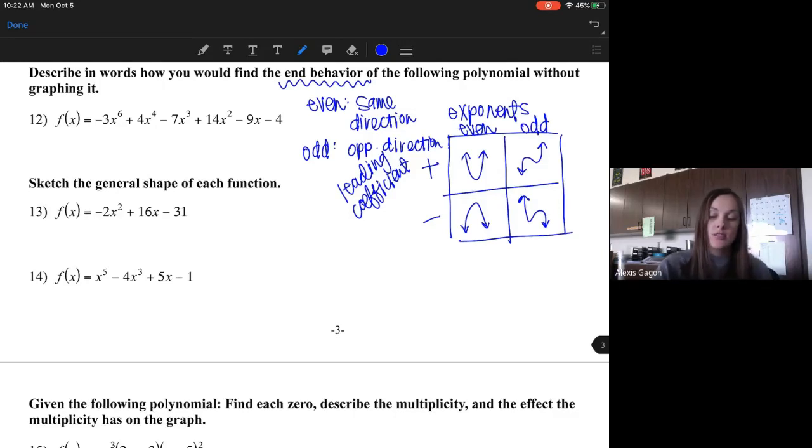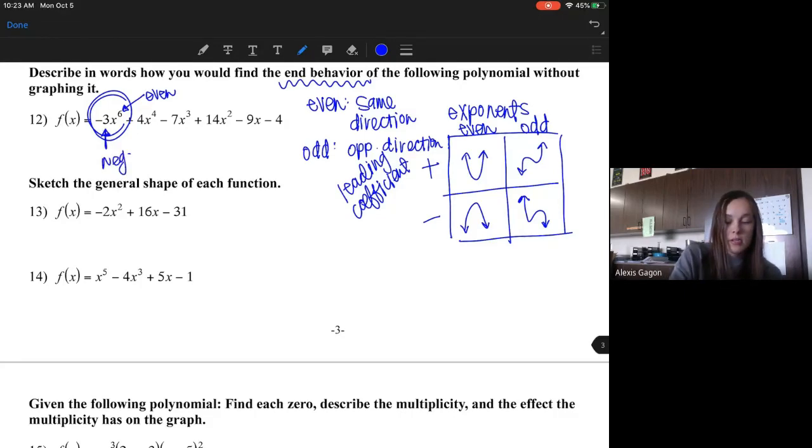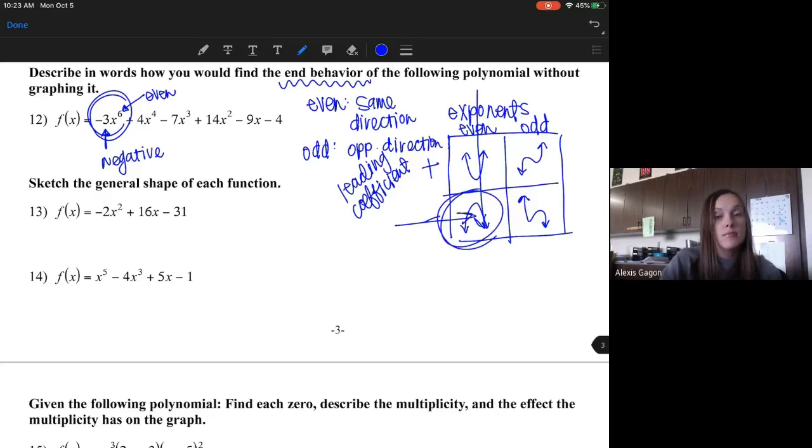Okay, so like this first one, if we needed to describe this without graphing it, I can just look at my highest exponent there, which would be that 6. 6 is even. And then this negative 3 is negative. So even is going to be this, negative is this, so it's going to be that one right there.